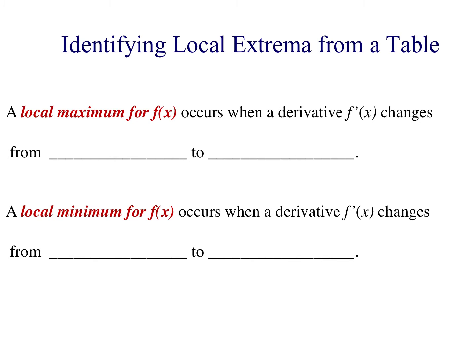This is called the first derivative test. A local maximum occurs for f when the derivative changes from positive to negative. This phrase will be the answer to 50% of the problems.